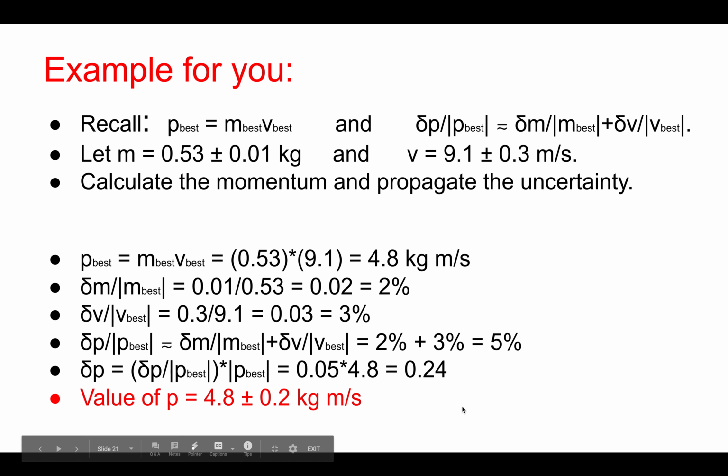So 4.8 times 5%, rounded to 1 decimal point, is about 0.2. So your value of P is 4.8 plus or minus 0.2 kilogram meters per second.